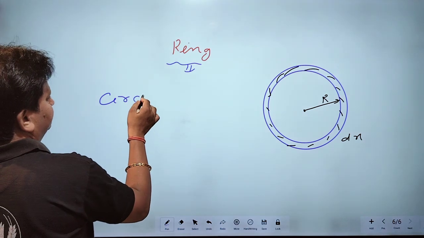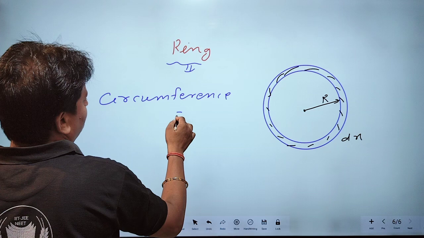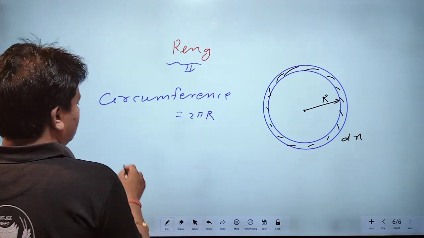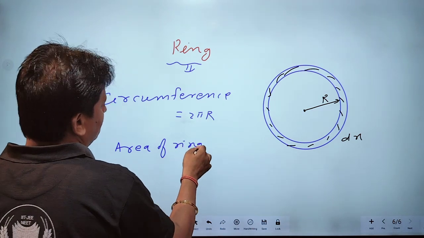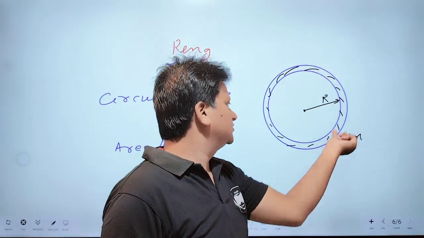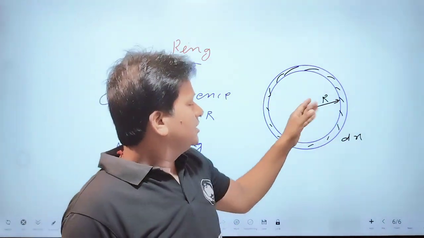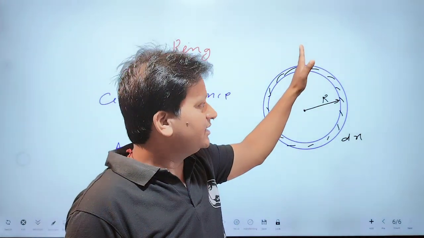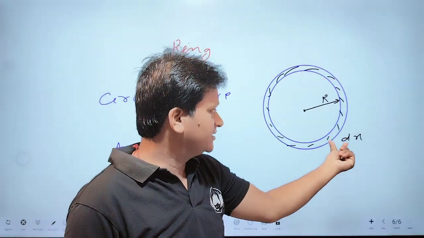Circumference, just like a circle, 2 pi r. Area of ring. Area of ring means this part, just like a belt. If you cut here, then its length will be 2 pi r and thickness is dx.